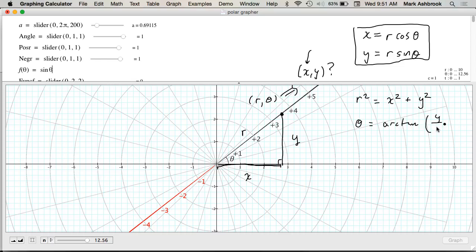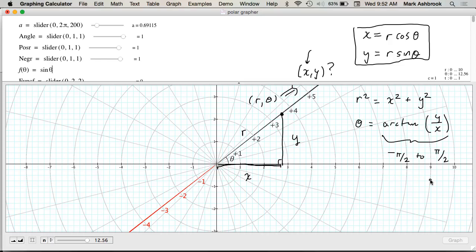Now, we know inverse tangent has a restricted range, right? The range of arctangent. This will always give you a number between negative pi over 2 and pi over 2. So if your theta is in the second or third or fourth quadrant for a positive angle, you're going to have to make an adjustment.